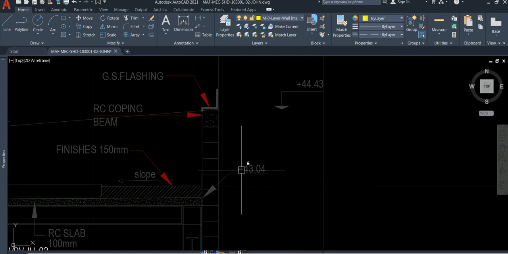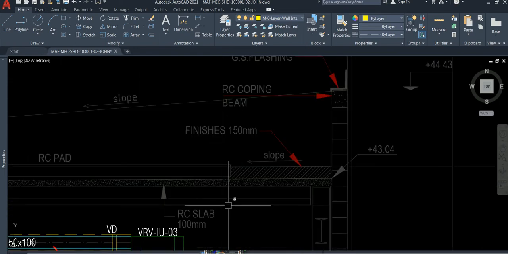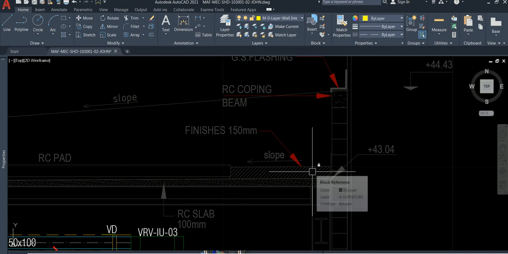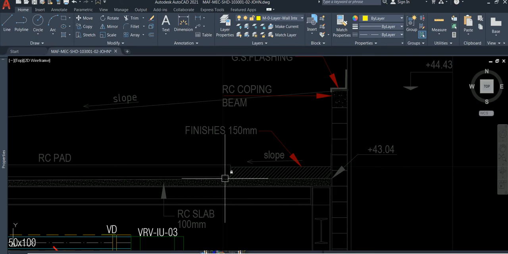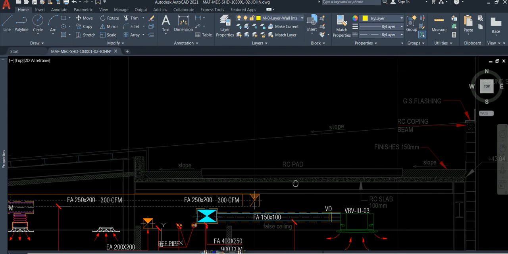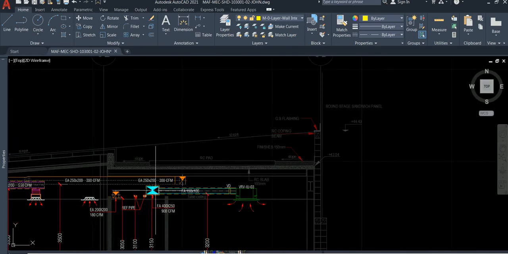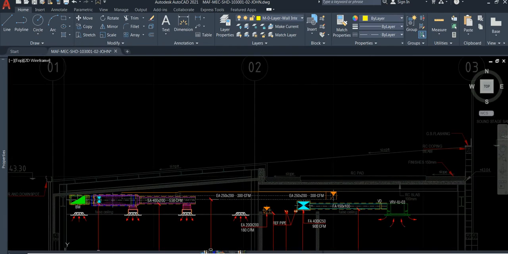What I look forward is 100 millimeter slab, 4.304 meter. No worries. So let's say 4 meter.